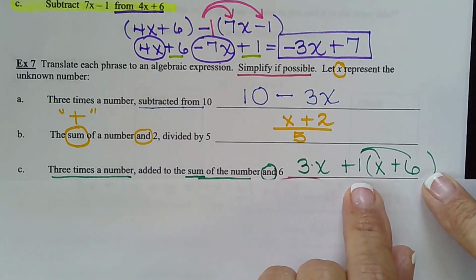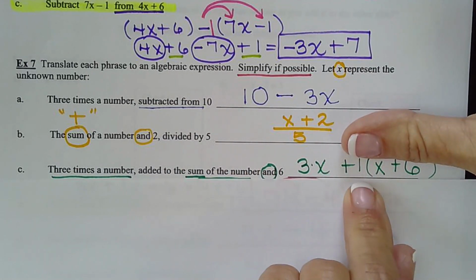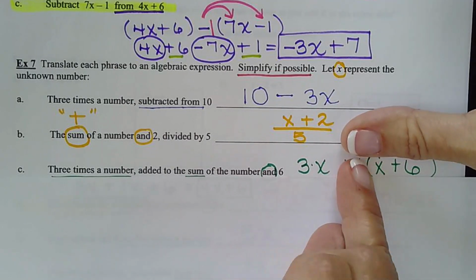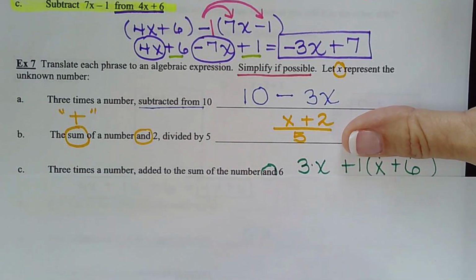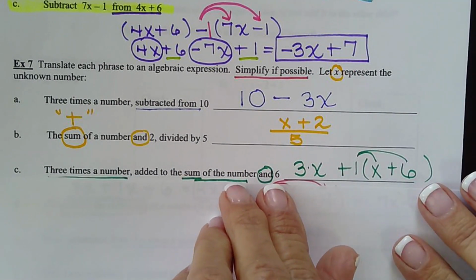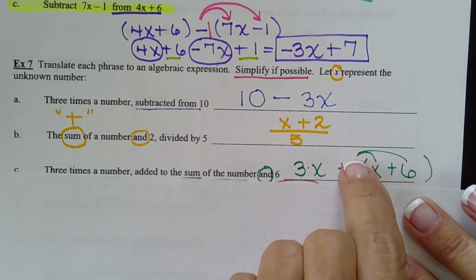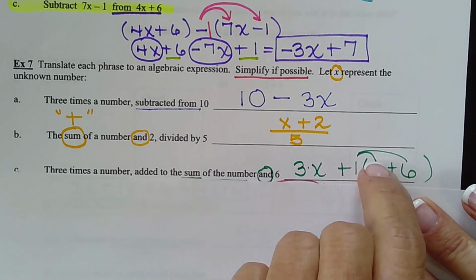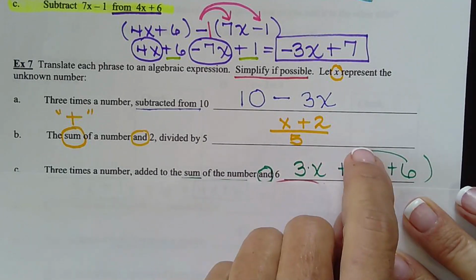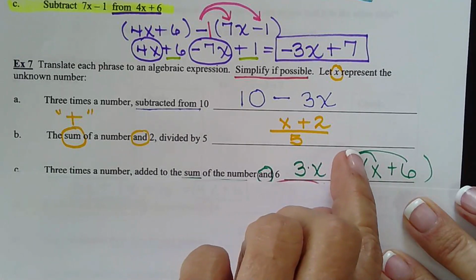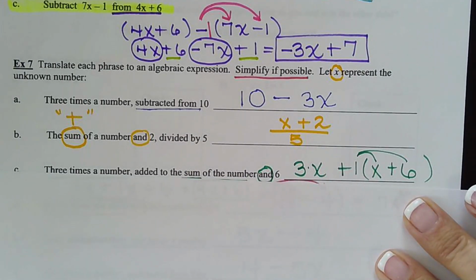So if this was an ALEKS question, you wouldn't have the 1, you would just have 3x plus parentheses x plus 6. But because this one also says simplify, I added in the 1 and then you distribute so that you can simplify. But on ALEKS, you would have just stopped right there without those little arrows, without the 1, and just written 3x plus parentheses x plus 6.